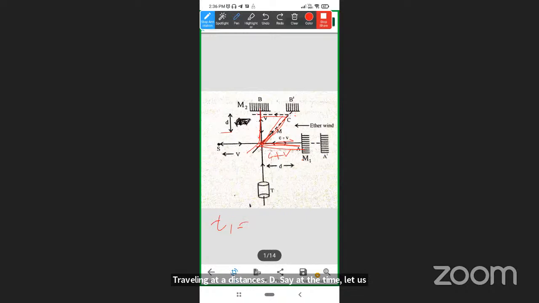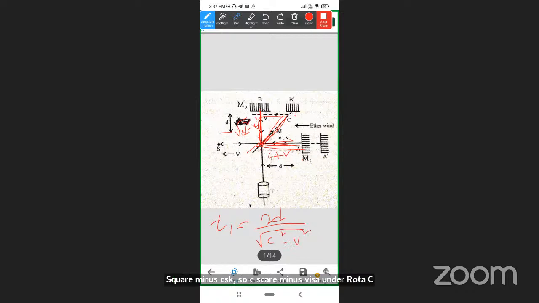T1 is equal to what? The light is reflected at the M2 mirror and comes back, so the total distance is 2D, divided by the reflected light velocity. What is the reflected light velocity? Sorry, under root of C square minus V square.